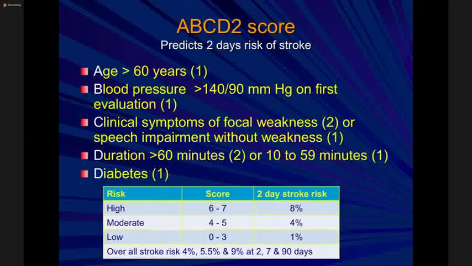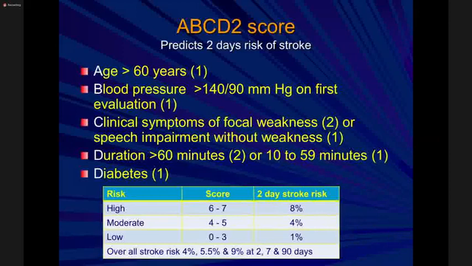So when you come across a patient with transient ischemic attack, you should be able to risk stratify them based on this ABCD2 score, and it would predict the 2-day risk of stroke. So what are the entities that are categorized in ABCD2? Age, if more than 60 years, you give 1 mark. B, blood pressure, if more than 140/90, you give 1 mark.